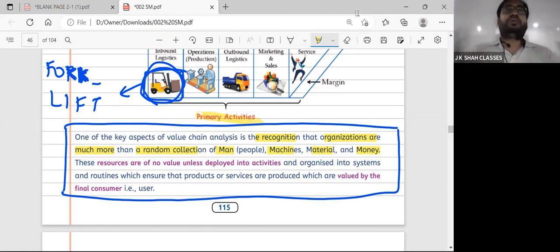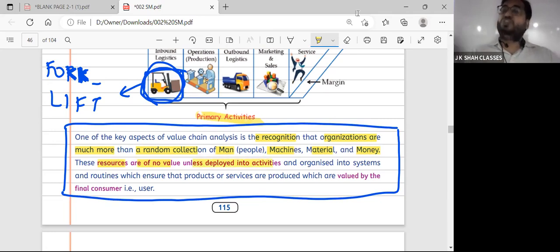Organizations work in team. So it is not just one activity or one person. It is a group of people working towards one common objective. These resources, which resources? Human resource, technological resource, materials, these resources are of no value. They are of no use unless used in activities.